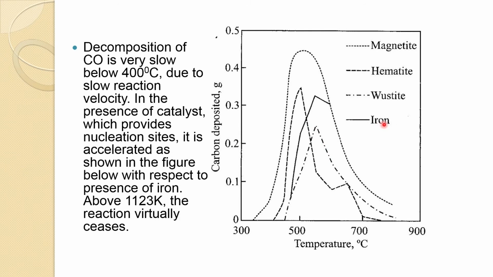Hematite of course does a bit, wustite is the lowest one, and iron is in the middle. So magnetite is the one which will favor or accelerate this reaction, and that is in the stack region, at the top where the preheating zone we discussed has temperatures up to 600-700. So that is the region where this carbon gets deposited.